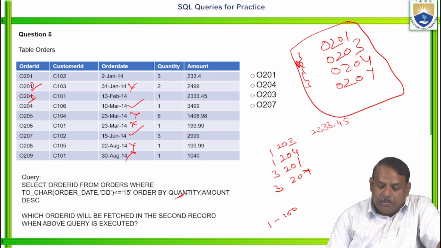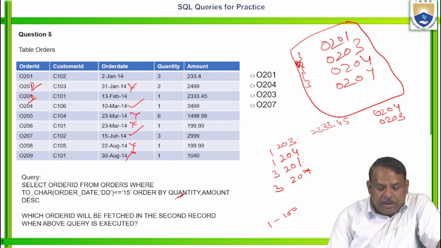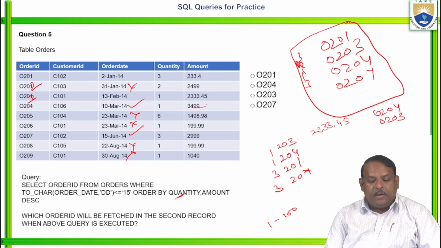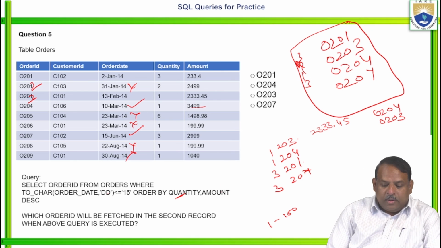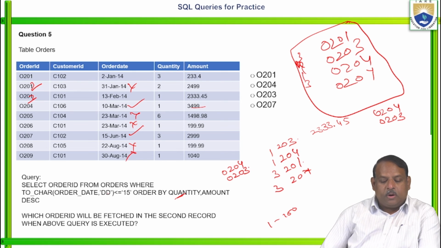So 204 will be the first record and 203 will be the second record, because 3499 is higher than 233. So till now, this is the order: 204 and 203.